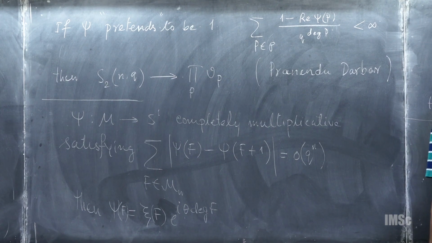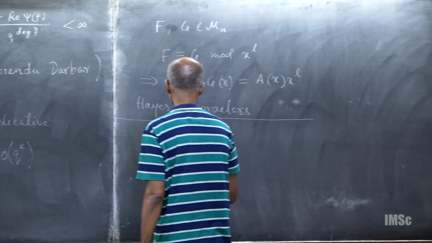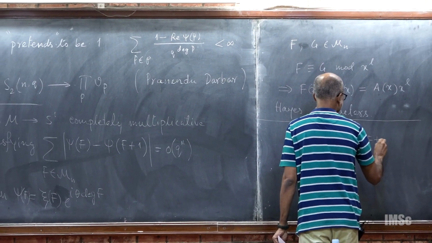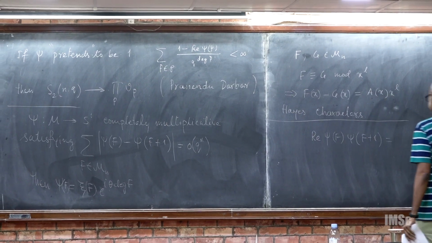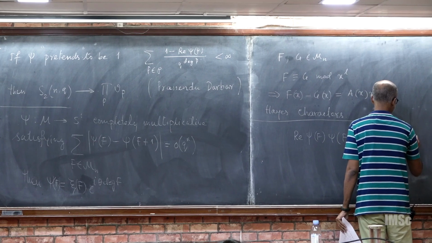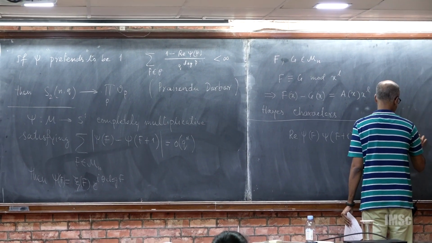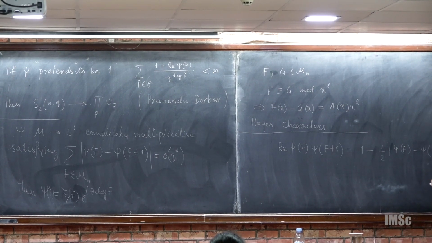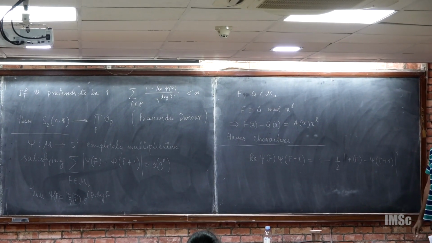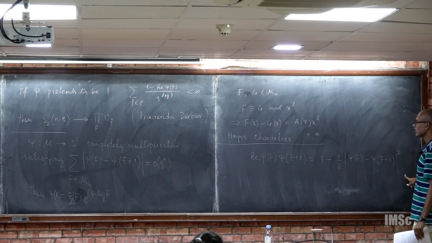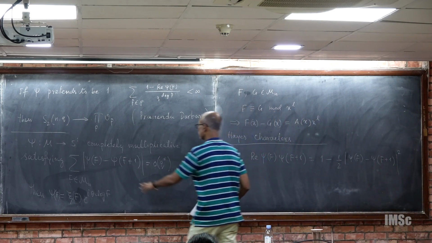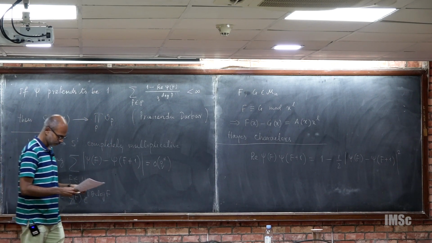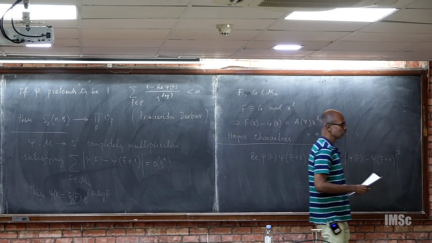It's actually a very trivial equality: psi of f plus 1 is equal to 1 minus half... This completely trivial equality relates this condition to correlations, so we can use the correlation estimate to get this. Okay, I'll stop here. Thank you.